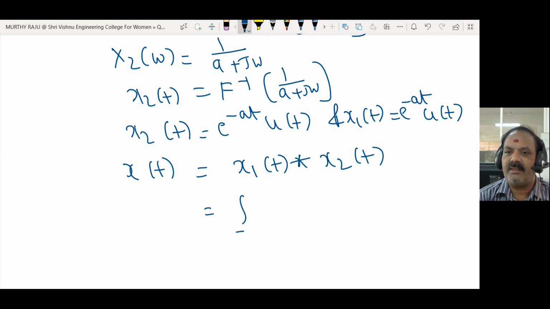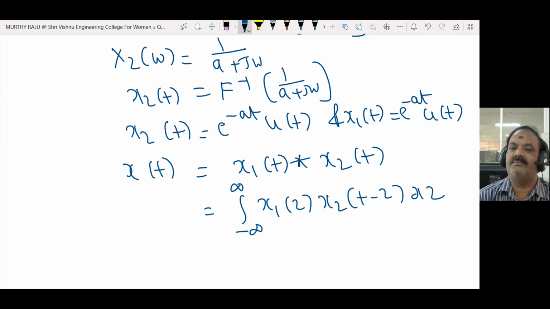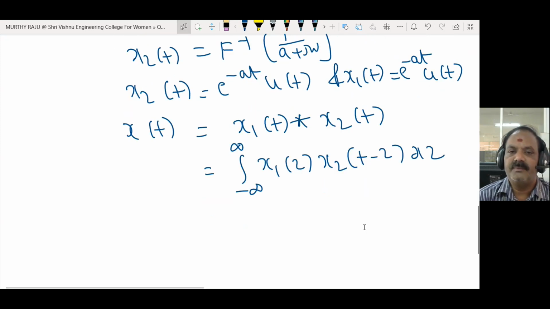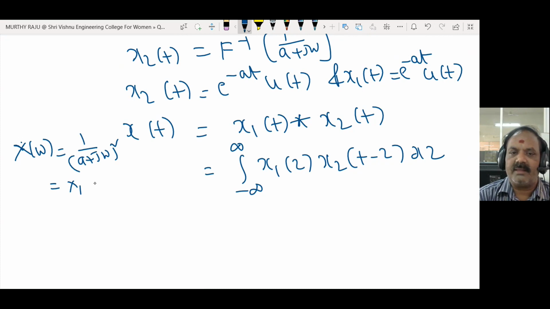We know that x1 of t convolution with x2 of t is the integral from minus infinity to plus infinity of x1 of tau x2 of t minus tau d tau. Generally, X of omega is equal to 1 by (a plus j omega) whole square. This can be written as X1 of omega into X2 of omega.